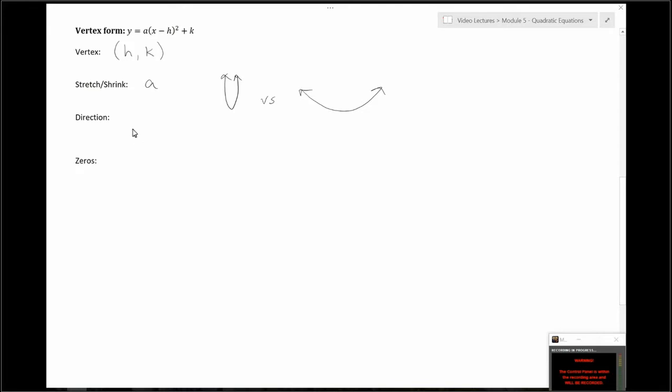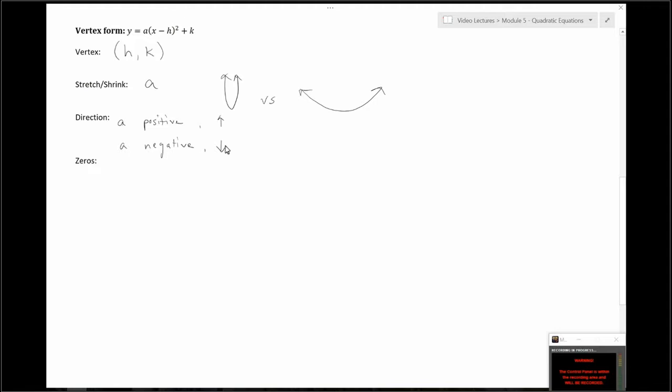The direction, we talked about that. If a is positive, it'll point up, and if a is negative, the parabola will point down.